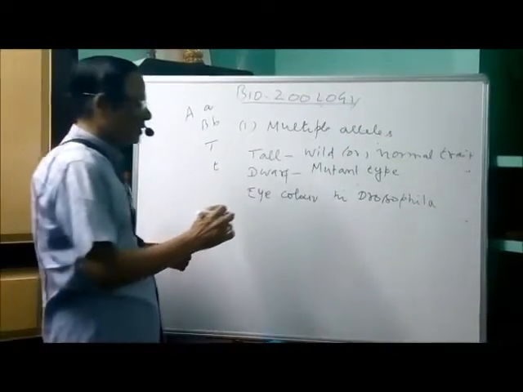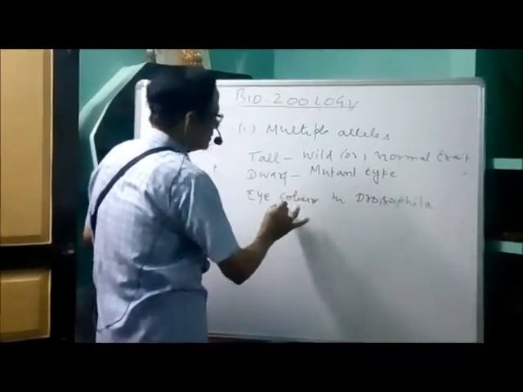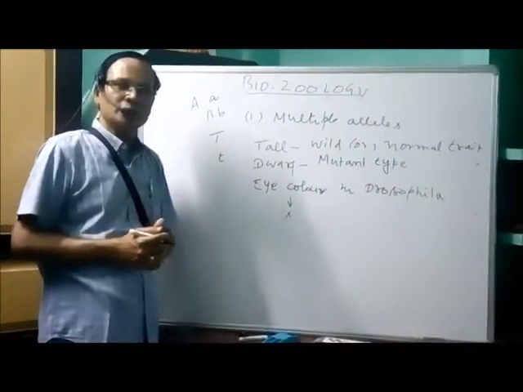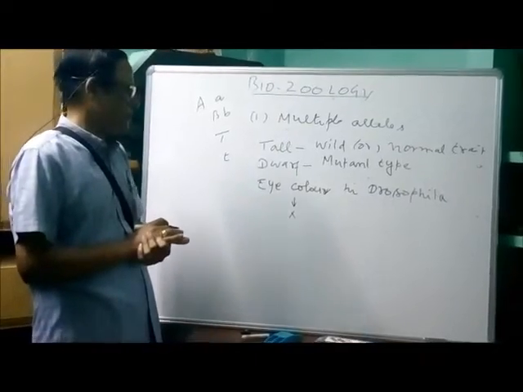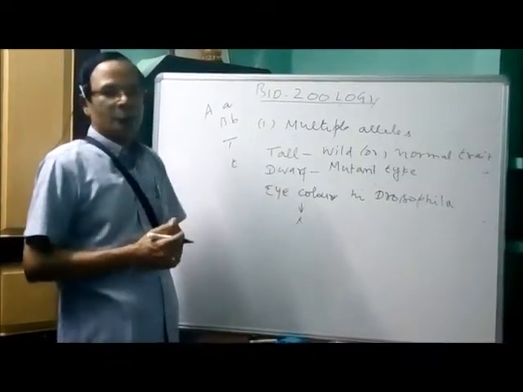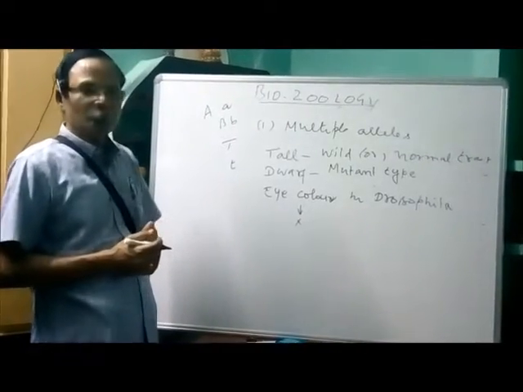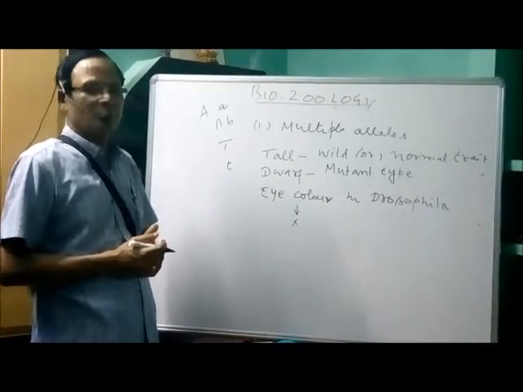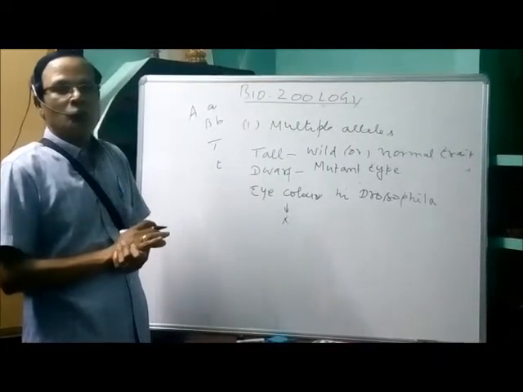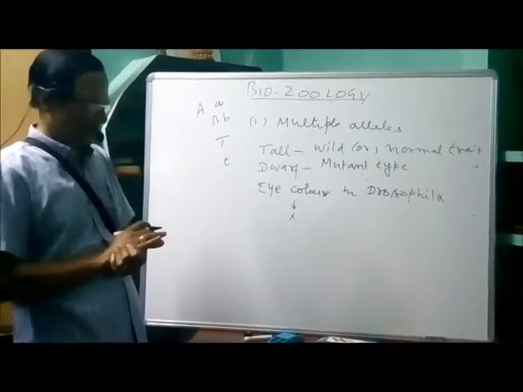The eye color is controlled by a gene located in the X chromosome. In comparison to the height of the plant, where you have only two alternating varieties, in the case of eye color, we have more than 8 shades of eye color.